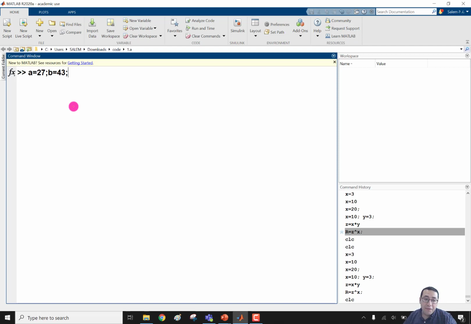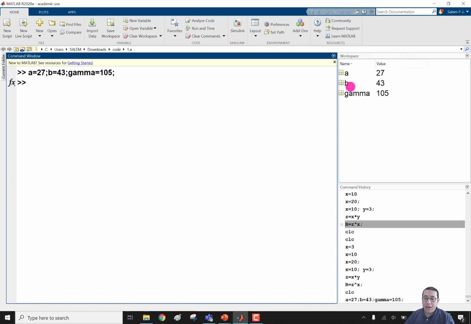And gamma is a special character we can't use, so we can write it as gamma, which is equal to 105, and then semicolon, enter. If you check the workspace now, A is equal to 27, B is equal to 43, and gamma is 105. Now we are correct. So we answered the first question.